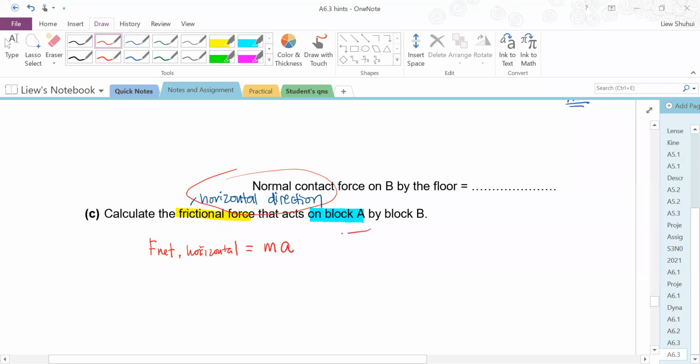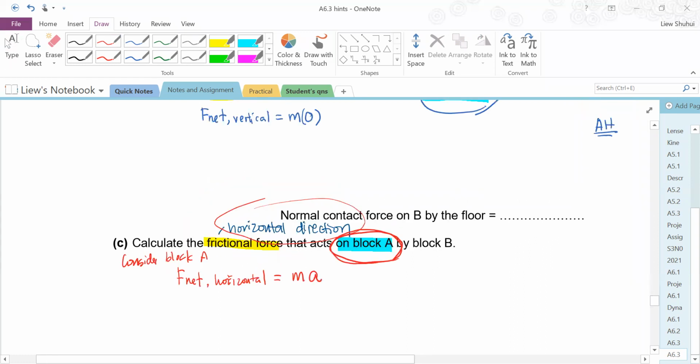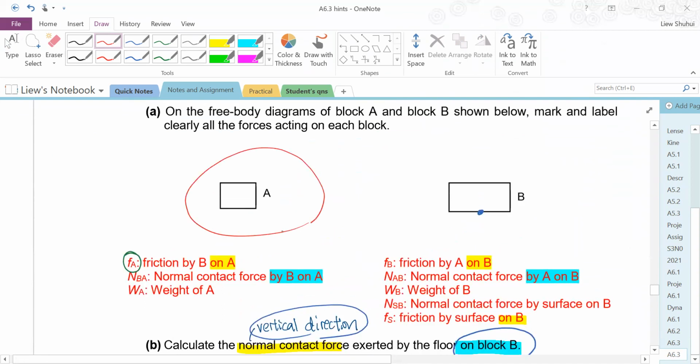Since the question is asking you about the frictional force on block A, it makes sense for us to consider block A. So look at your free body diagram of A. What are the forces pointing in a horizontal direction? Therefore, what is the net force on A in a horizontal direction? That causes the mass of A to accelerate towards the right with an acceleration of 2 meters per second squared.